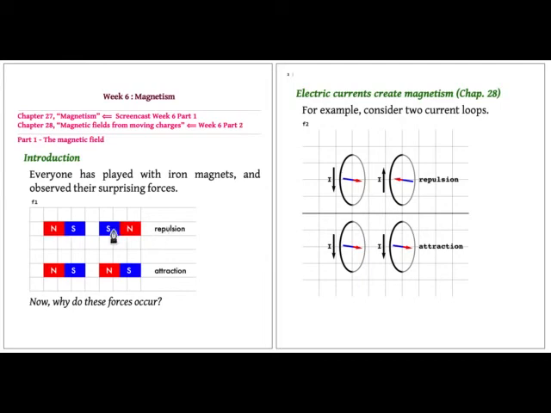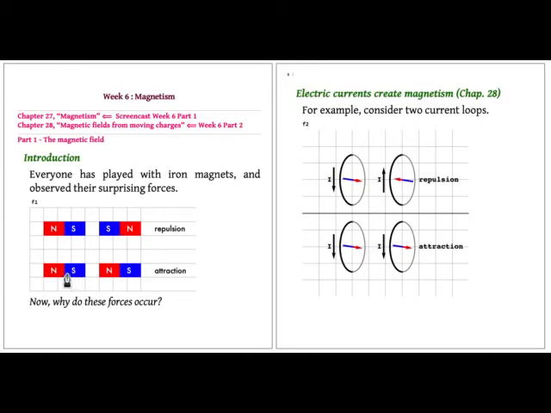Or if the north poles are close together, you also get repulsion. So it's sort of like charges. Like charges repel. Like magnet poles repel. And since these south poles are closer together than the north poles, the net force will be a repulsion.